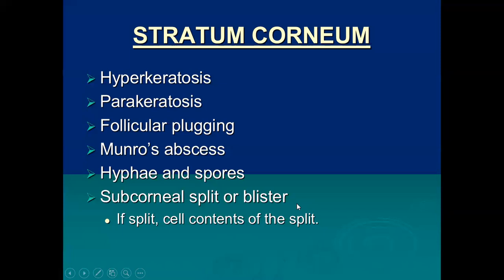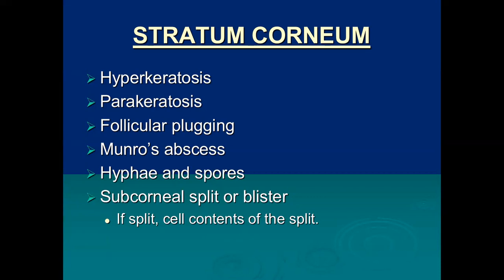Now we are going to start from the topmost layer of the epidermis, and we are going to discuss the different pathologies which you encounter in these layers and how these pathologies correlate with your final histopathological diagnosis.